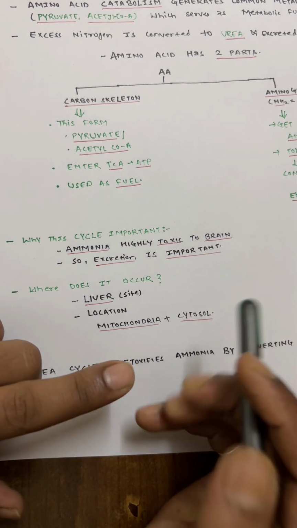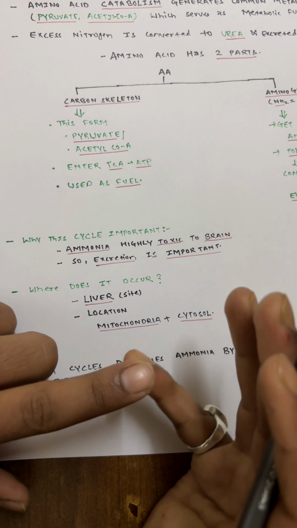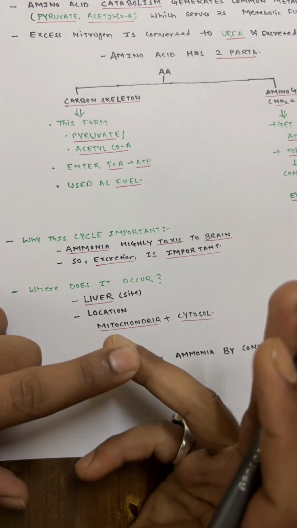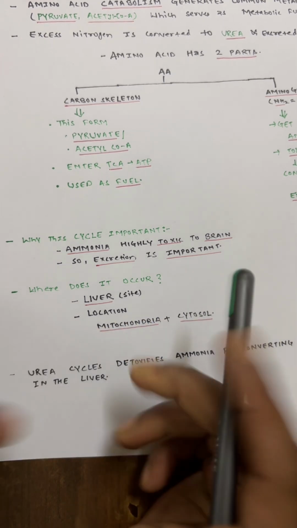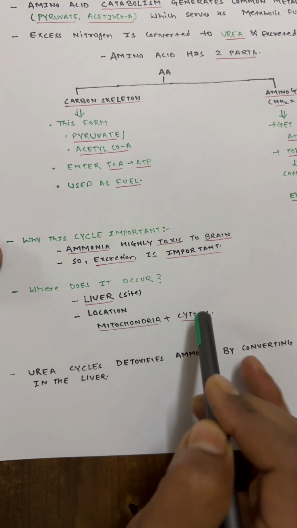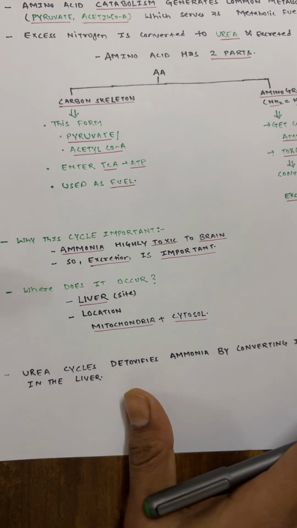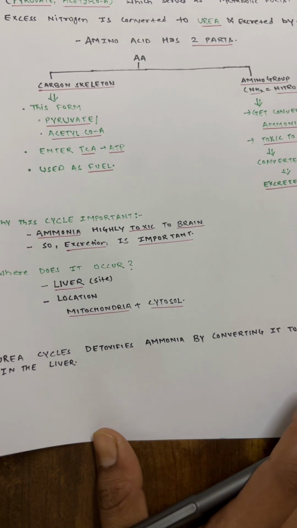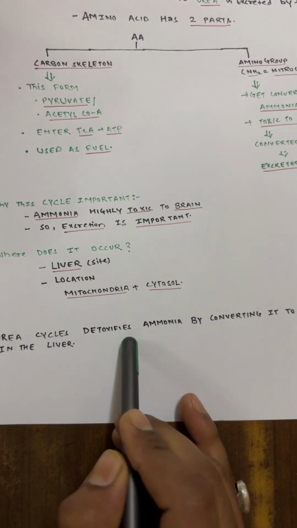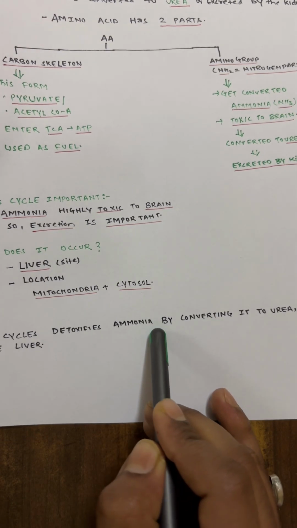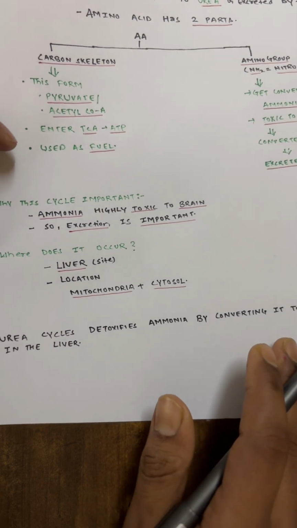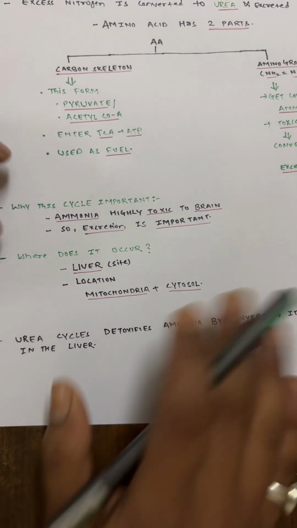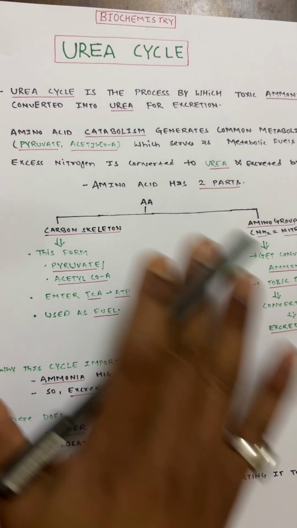We had a mnemonic of HUG: H for heme synthesis, U for urea cycle and G for gluconeogenesis. So the urea cycle also occurs in both mitochondria and cytosol. To summarize all this in one line, the urea cycle detoxifies ammonia by converting it to urea in the liver. So this is the basic of the urea cycle.